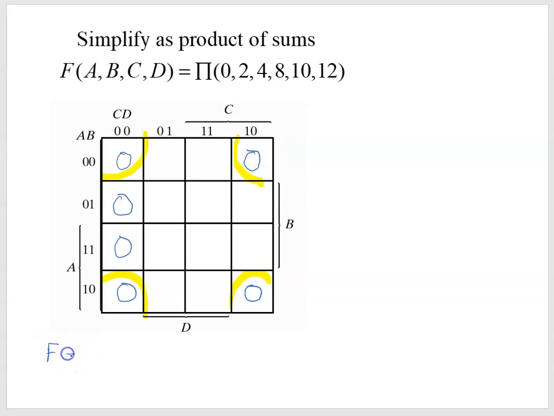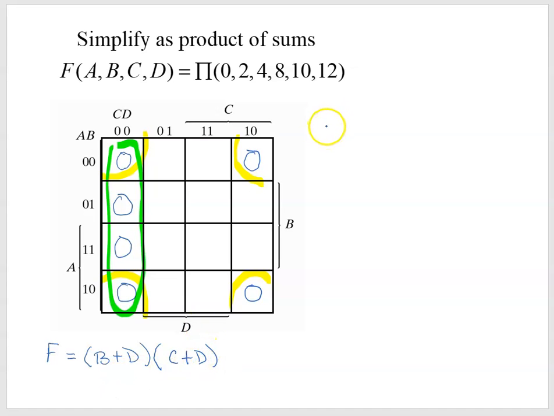So we get F is equal to B or D. Then we have this column here, and we've covered everything once we do that. So we AND this with C is a 0 and D is a 0, so we use C or D, and we're done.